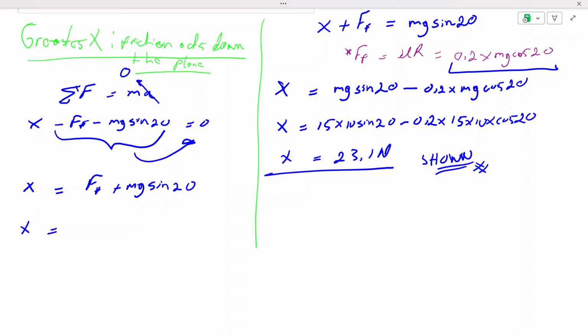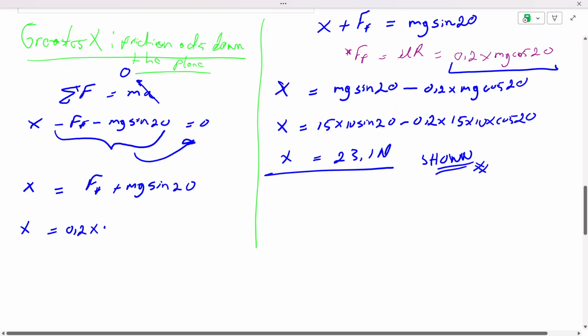We know what the frictional force is. We already calculated it. It was 0.2 multiplied by mg. I'm just going to substitute in for the mg: multiplied by 10 multiplied by 15 for the mass, 10 for the g, cos 20.